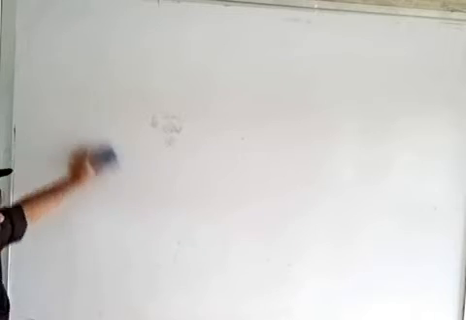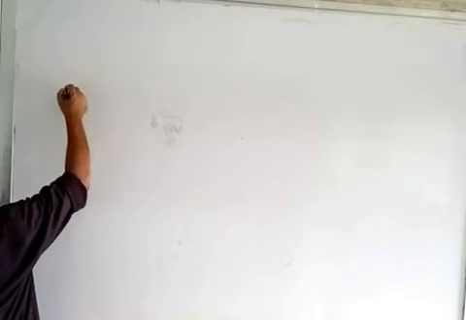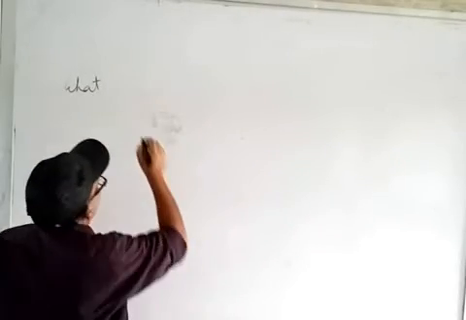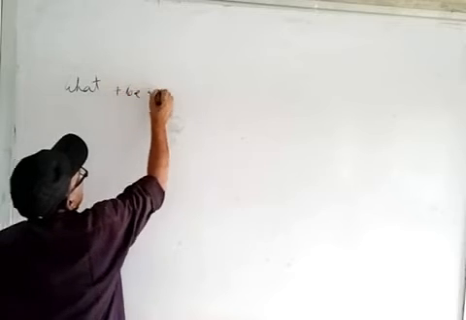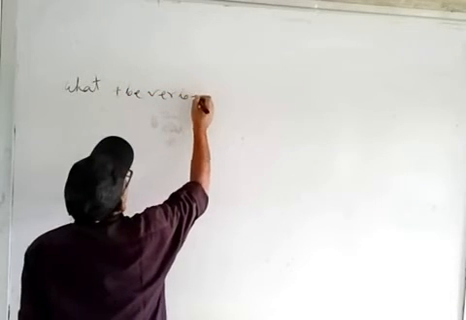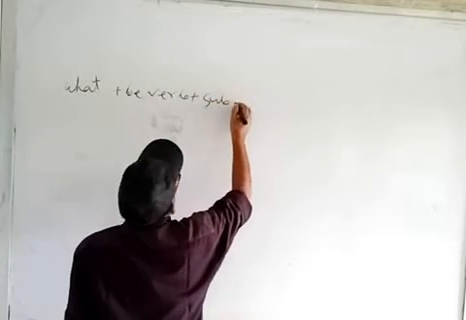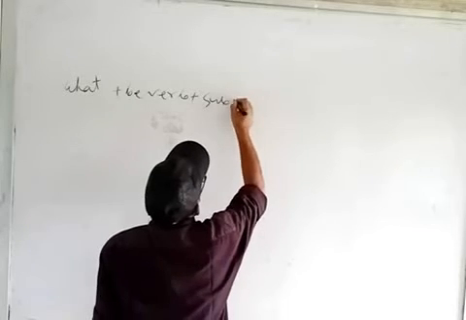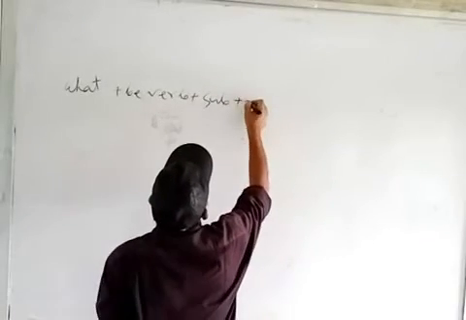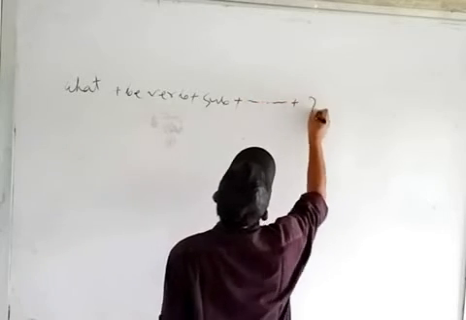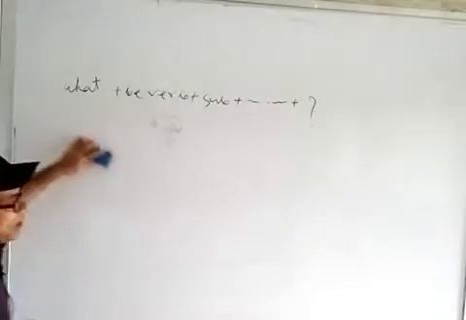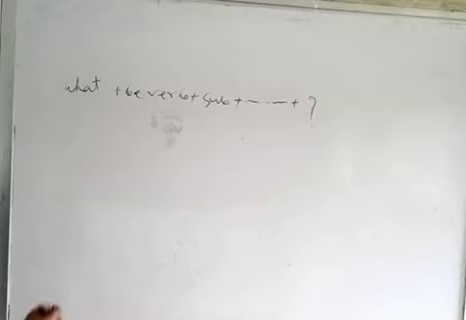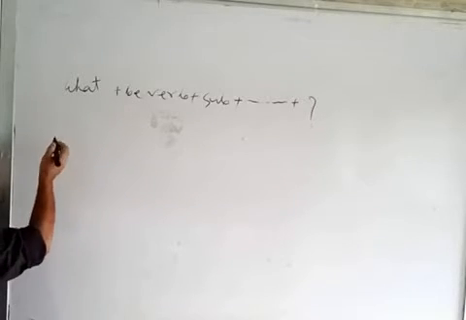In this field, the structure will be such: what plus be verb plus subject plus the rest of the sentence plus note of interrogation. It will be clear to you if you see this example attentively.